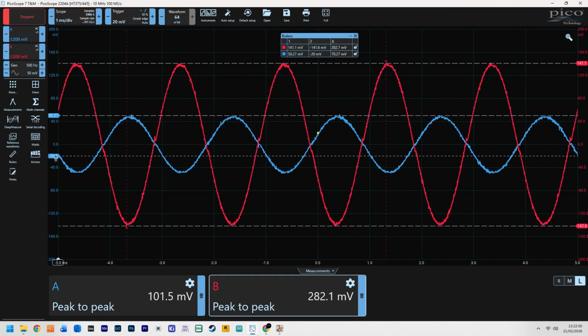And if we again do the same thing on our input, we can see that we are less than a millivolt out on our input, and we're again less than a millivolt out on our output. So if you were to put a guitar signal through this, you would have no clipping or distortion from the amplifier. You would just have more signal coming out, which would be about 10 dB louder than what went in.